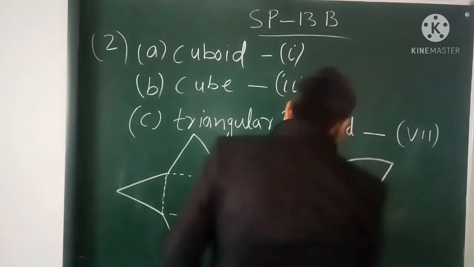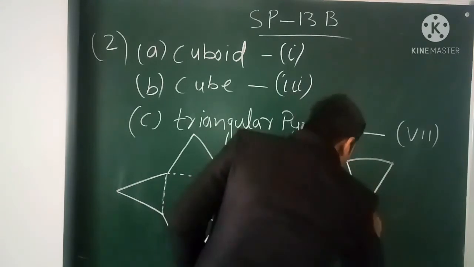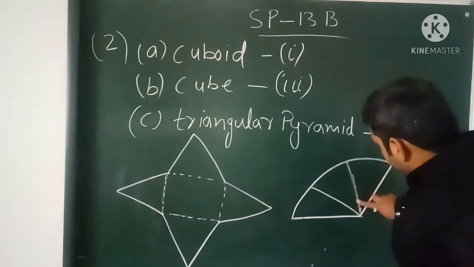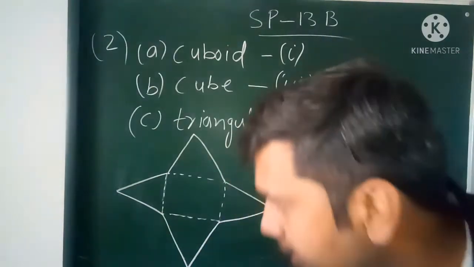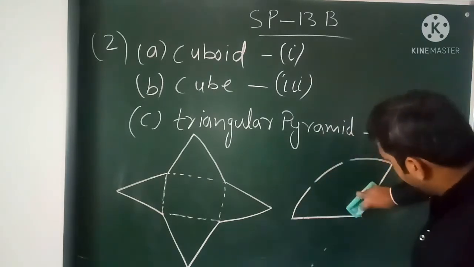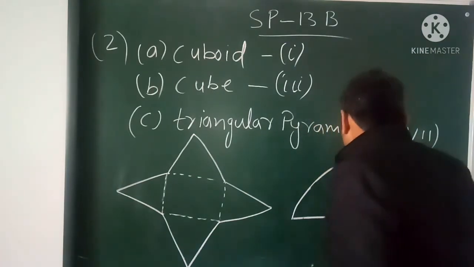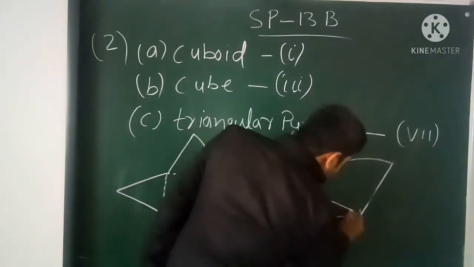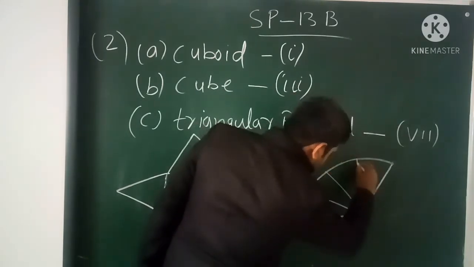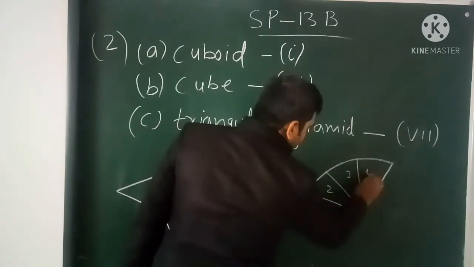How many triangles are there? That is 4 triangles. First one, second one, third and fourth. See 1, 2, 3, 4 triangles.